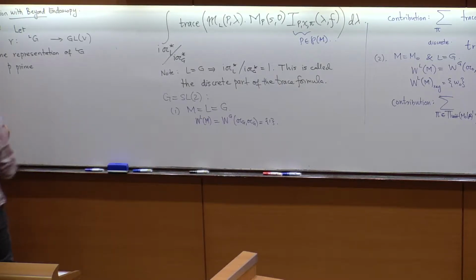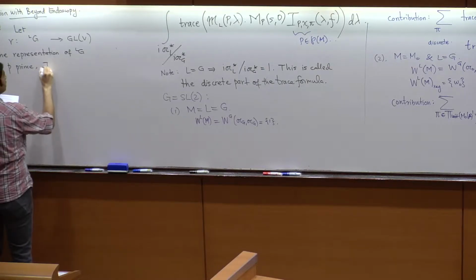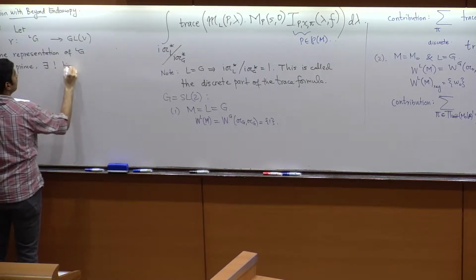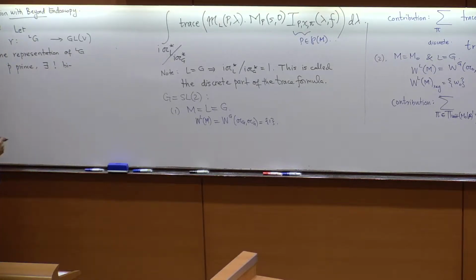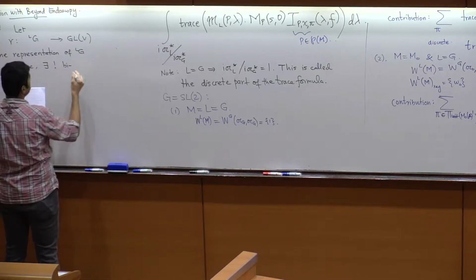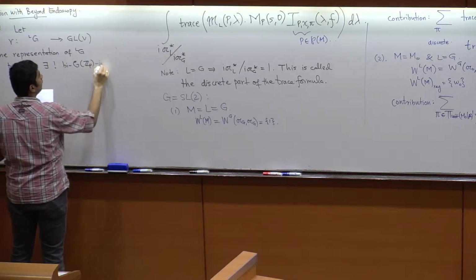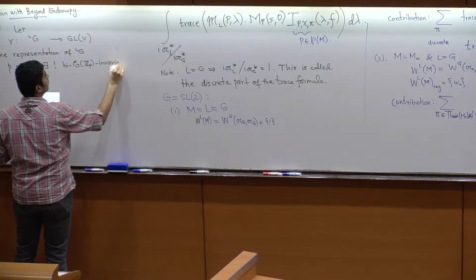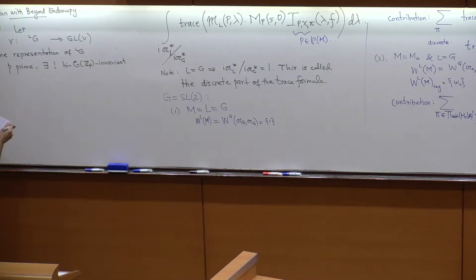Now for a fixed prime p, there exists a unique bi-invariant function. Here I want G to be defined over Z. That's a special thing I will assume, because I want G(Z_p) bi-invariance, and the maximal compact subgroup at p is G(Z_p).